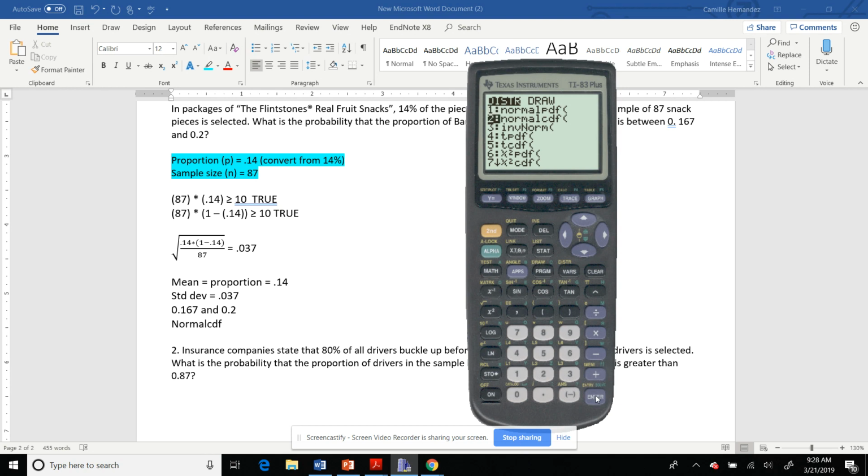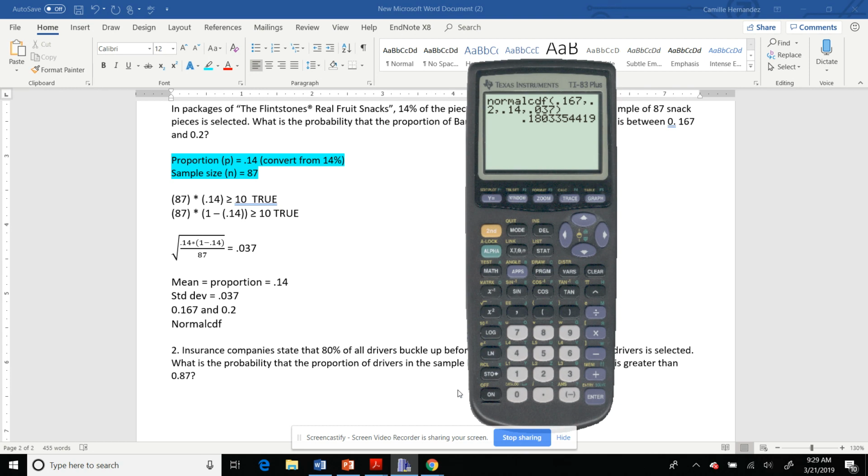I'm going to go to normal CDF, and I'm going to do 0.167, comma, 0.2, comma, then the mean, which is 0.14, it's just the proportion, and then our new standard deviation, 0.037. Close it, and then I get 0.103.